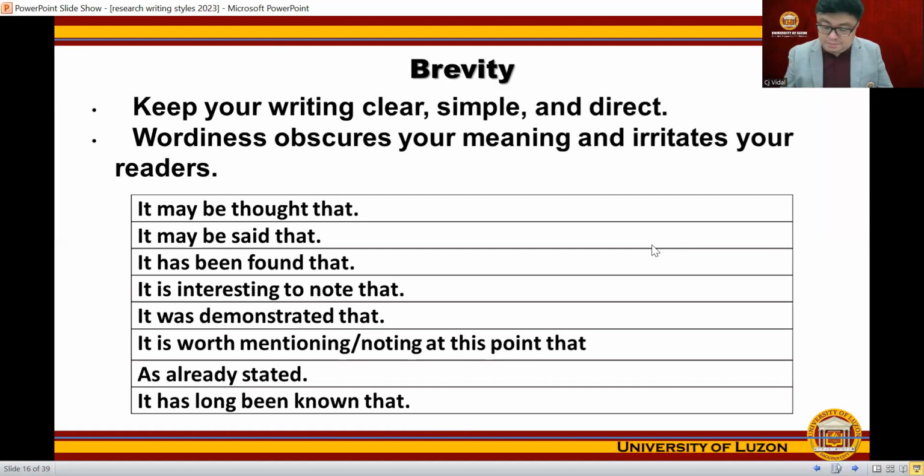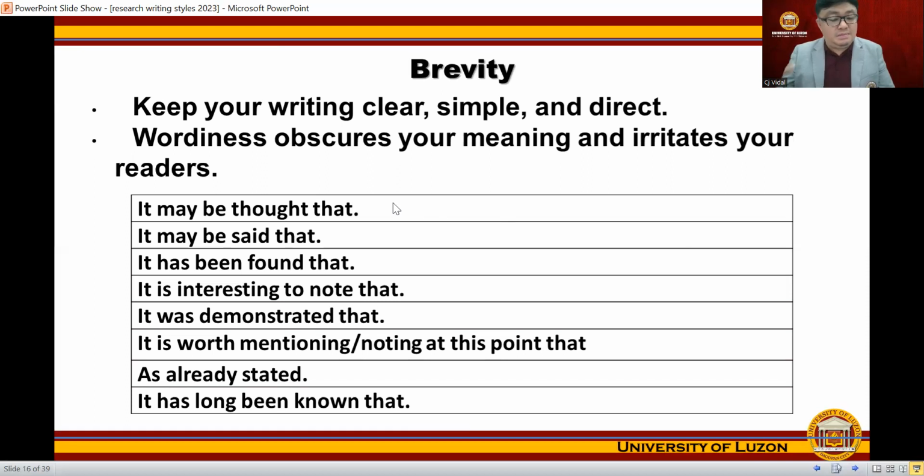For example, it is necessary to write "data were analyzed by two-way ANOVA, followed by Tukey's post hoc test" rather than "statistical analysis were carried out."